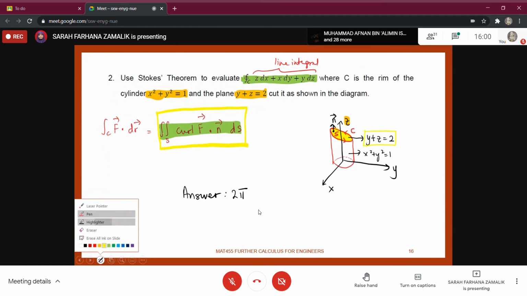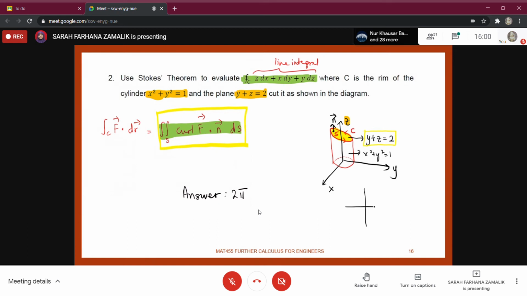So find all the components I told you about earlier, how you want to evaluate your surface integral. Find curl F first, then find N, then N dot K and substitute. In this case, where is your projection? X square plus y square. Yes, the XY projection is on the XY plane.